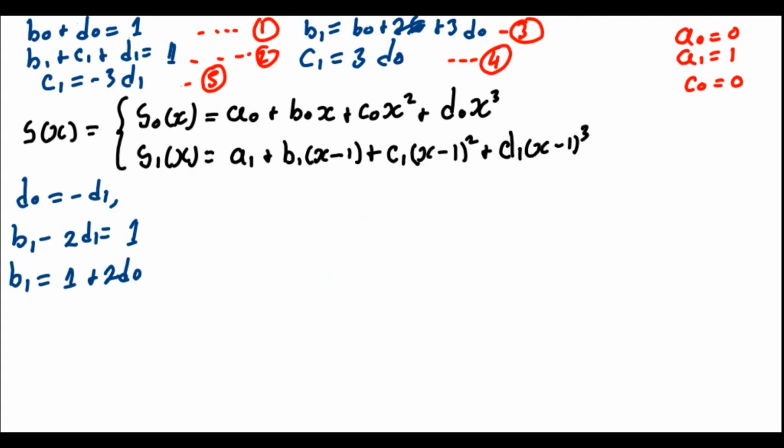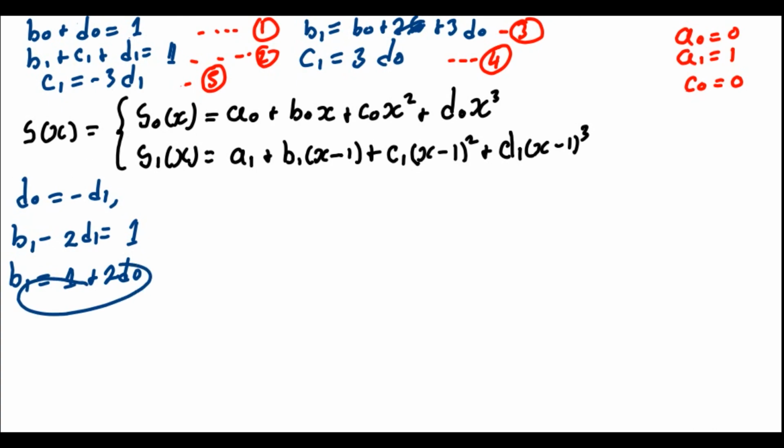What else are we able to do? One thing I'm able to do, for simplicity, remember I have a sub 1 here, then I have a sub naught. I know what D naught is equal to. D naught is equal to D sub 1, well, minus D sub 1.